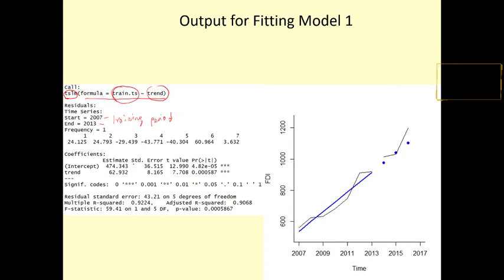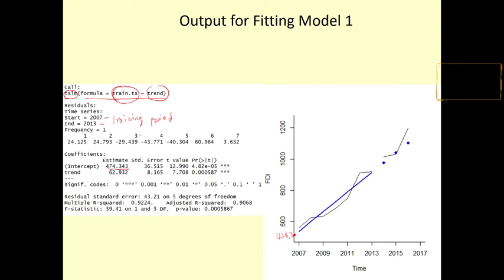We have the following coefficients. The estimate of the intercept is 474.3, and the trend is 62.932.